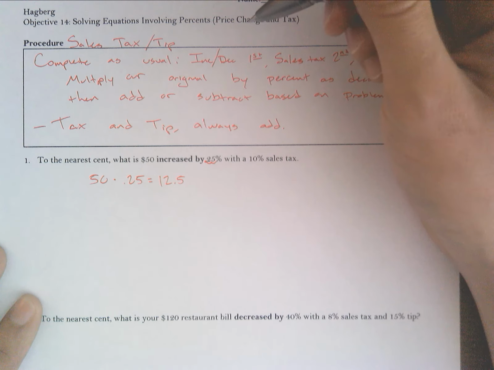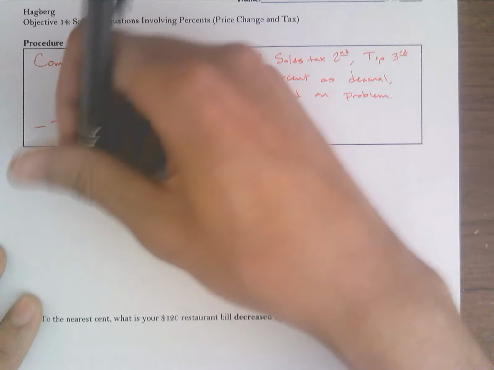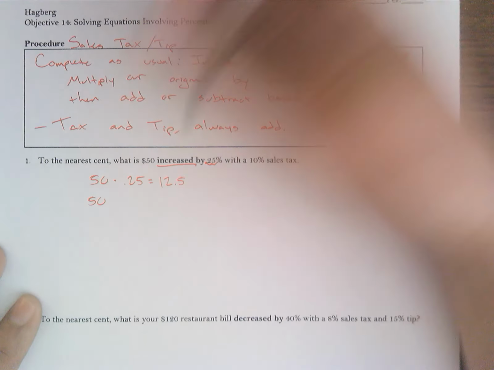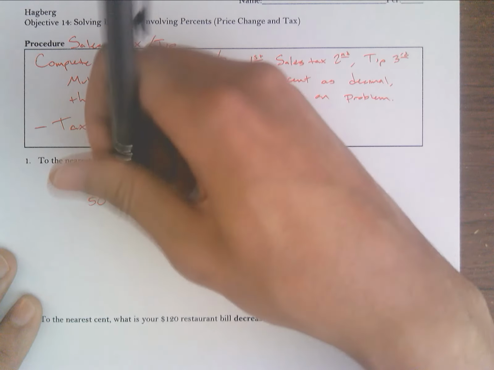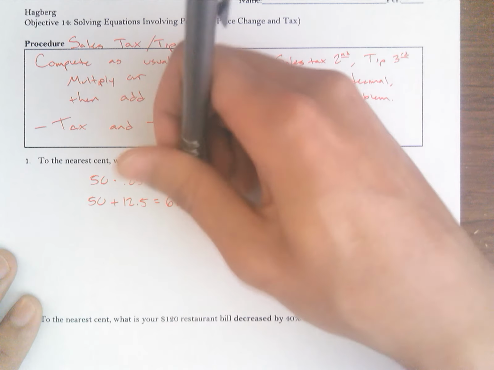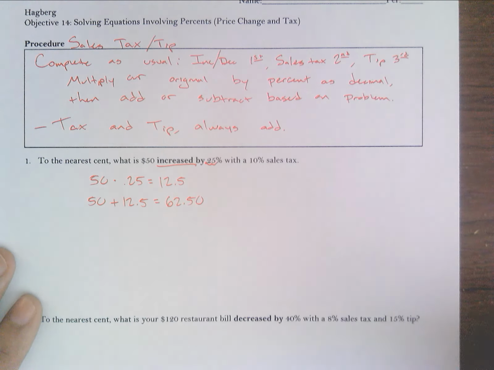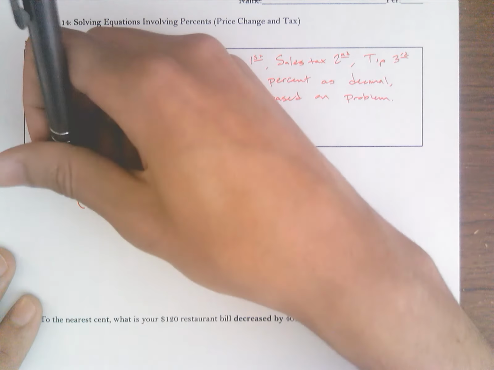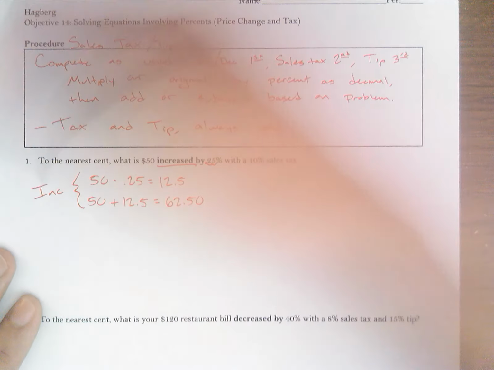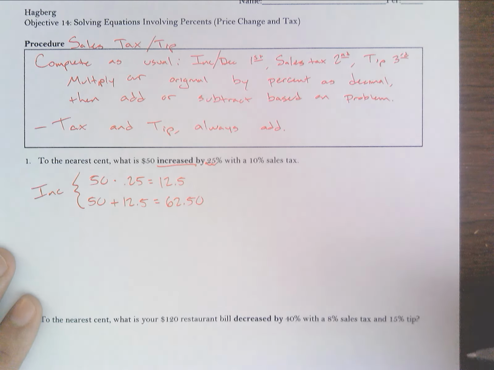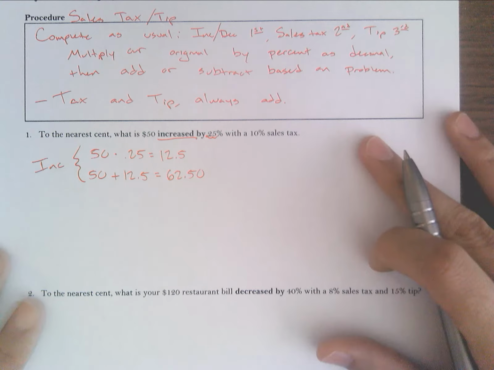So the 25% increase would be adding. So we add that 12.5, and we get 62.5, and as a dollar, $62.50. Now, this is the increase. So now we have to calculate the sales tax. The sales tax isn't all that different.